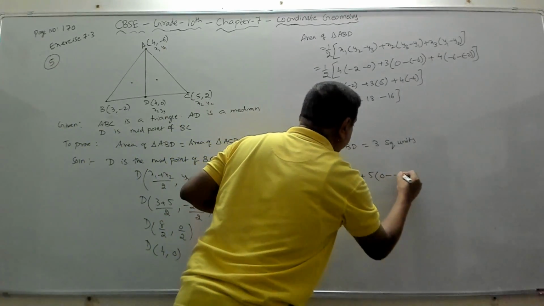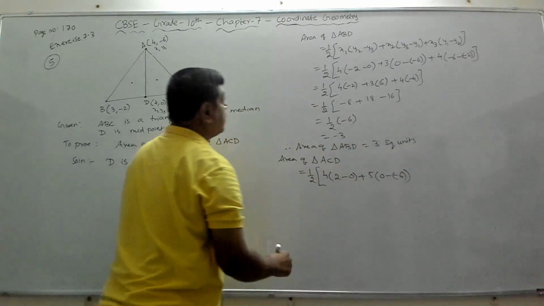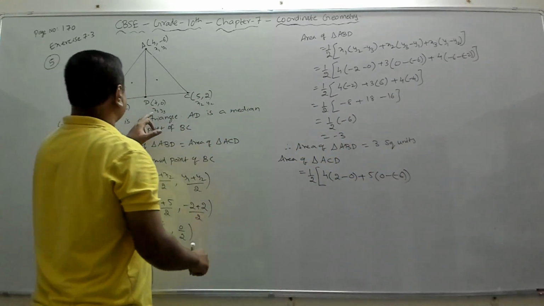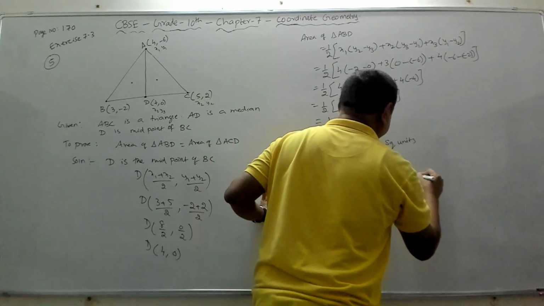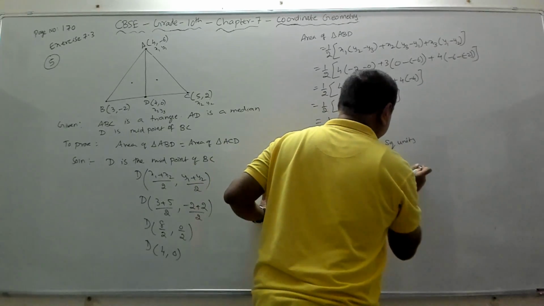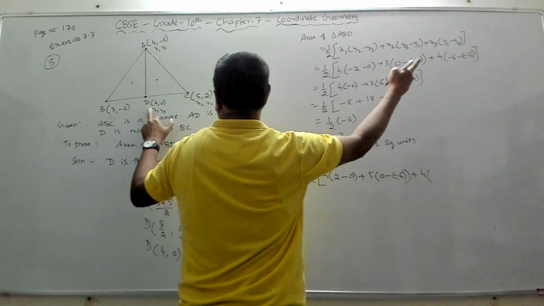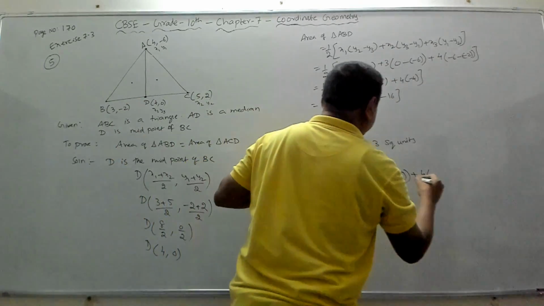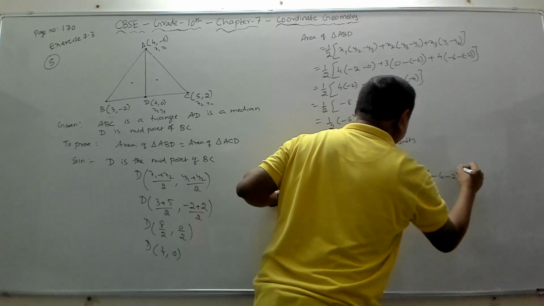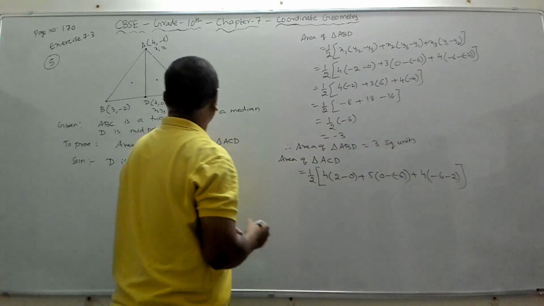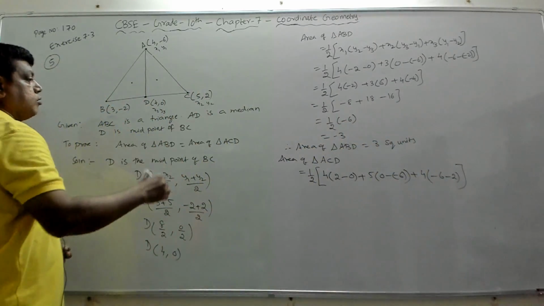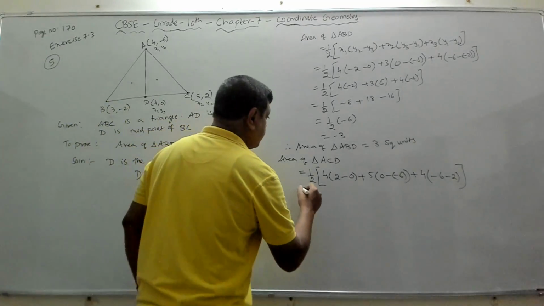Then plus X3, X3 is 4 into Y1 minus Y2. Y1 is minus 6, Y2 is minus 2. Fine?